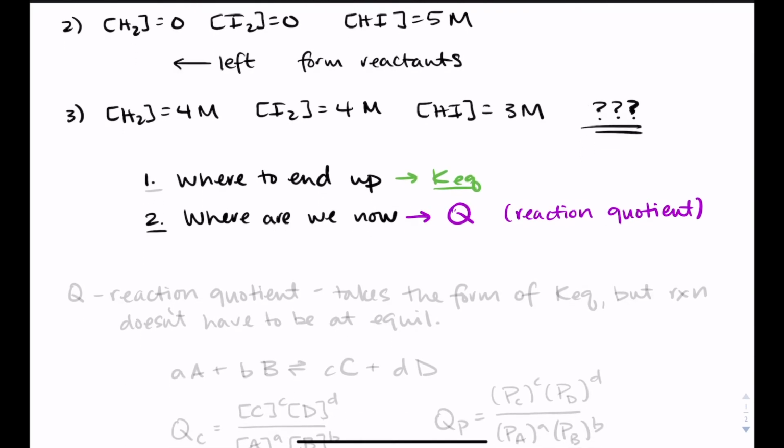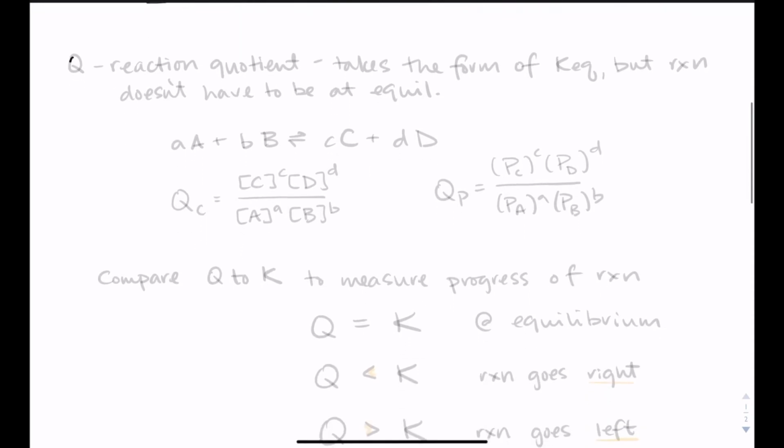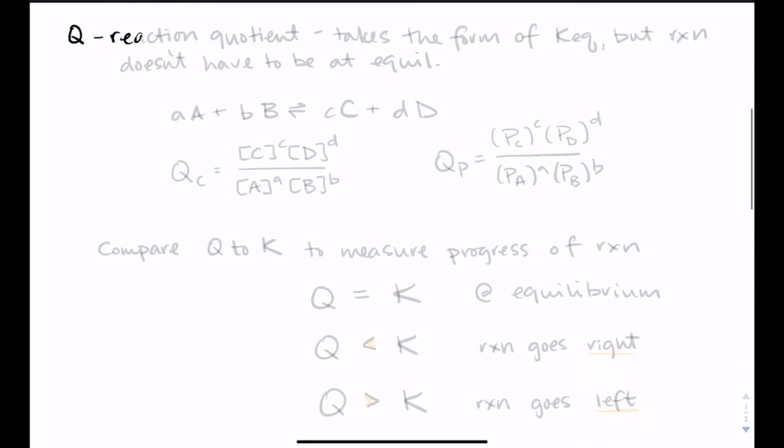The reason that this is important, I'll try to make it on a big scale. Imagine I am trying to travel to Chicago. Chicago is where I want to end up. That's the equilibrium constant. Now, the way you tell me to get to Chicago is going to depend on where I am. If I'm in Wisconsin, you need to tell me to go south. If I'm in Florida, you need to tell me to go north, and also a little bit to the west.